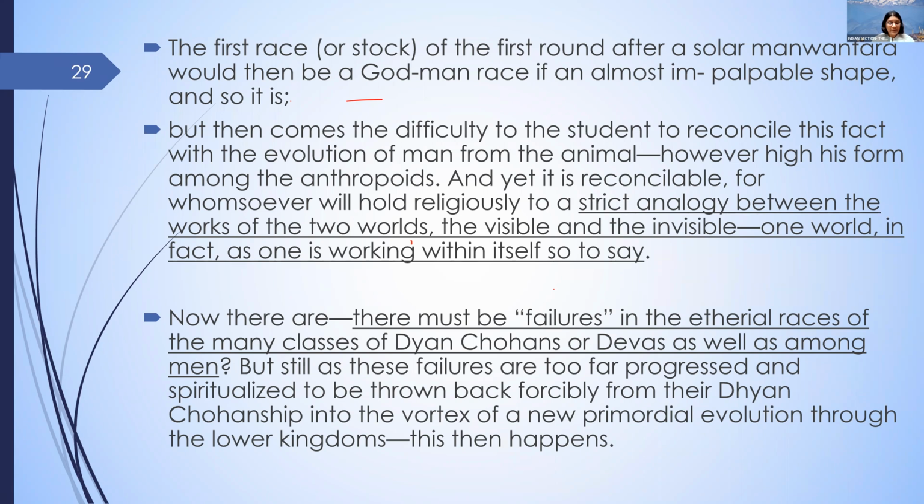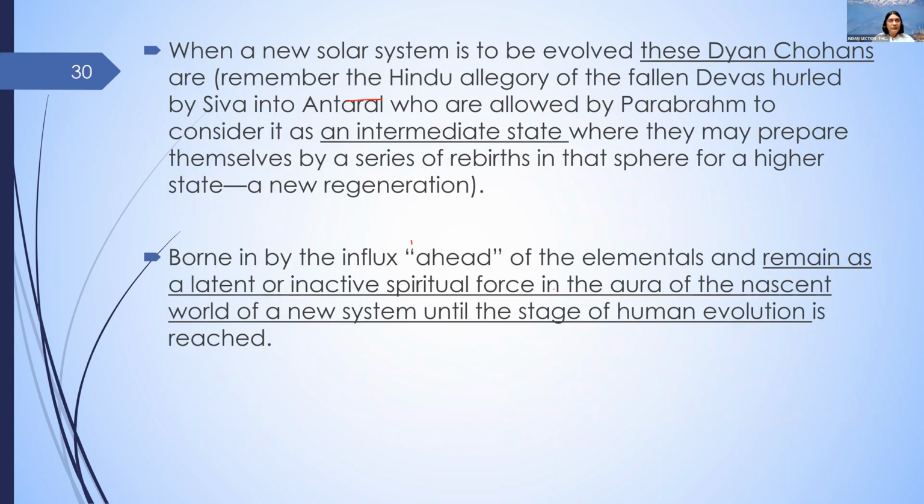But in the case of a Dhyan Chohan, what happens? Let us see. When a new solar system is to be evolved, these Dhyan Chohans are, remember the Hindu allegory of the fallen devas hurled by Shiva into Antaral, who are allowed by Parabrahma to consider it as an intermediate state where they may prepare themselves by a series of rebirths in that sphere for a higher state, a new regeneration.